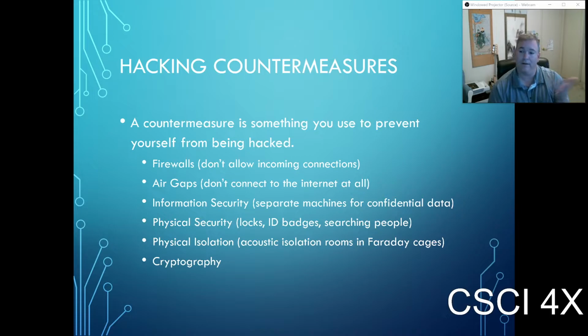Separate machines. If you know anything about how top secret works in the U.S. government, you've got machines that are cleared to work on classified material, and then you've got non-secured networks and non-secured computers, and you're supposed to keep them very separate, right? You're not supposed to take any of your top secret stuff and put it on your home PC, or even take it in the same office.